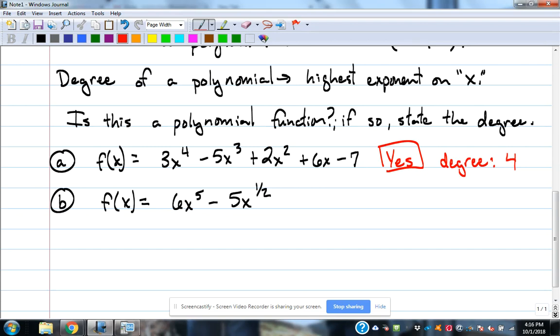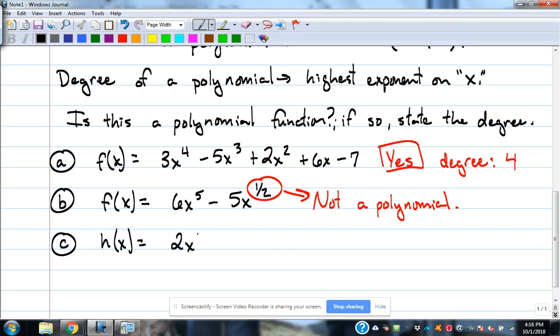So 1/2 being there, that right there tells us, oh, this is not a polynomial. And the reason is that 1/2 exponent. Anytime we got a rational exponent, something can be written as a fraction as the exponent, then it is not a polynomial. Well, not a polynomial function either.